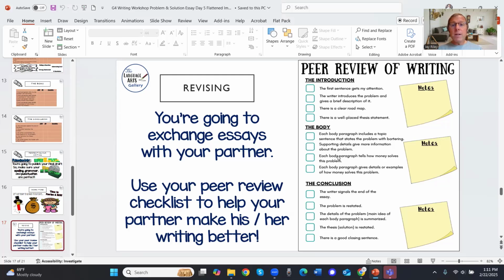Does the body paragraph tell how money solves that problem? Do they give details as to how it does that? Does the conclusion signpost? Does it restate the problem? Does it give details of the problem, restate the thesis, and then have a good concluding thought? So we want all of those things to be represented in our essay, and we want to look for that in our classmates' essays.